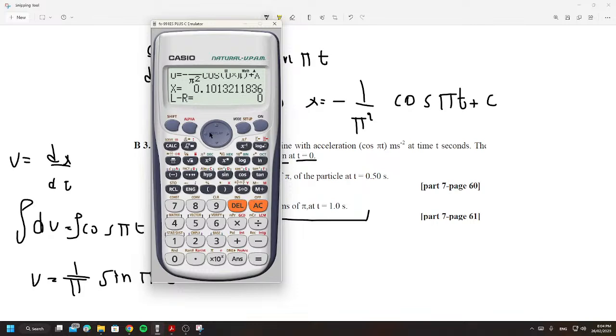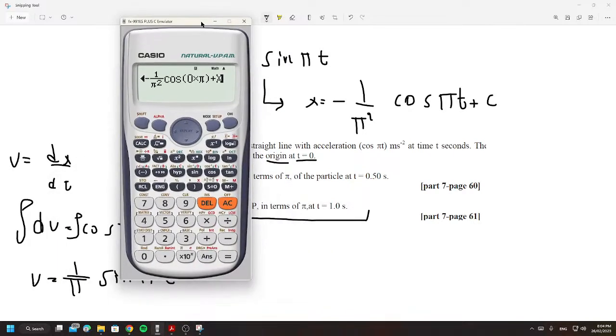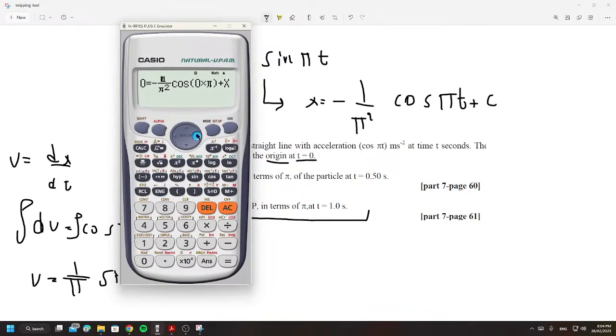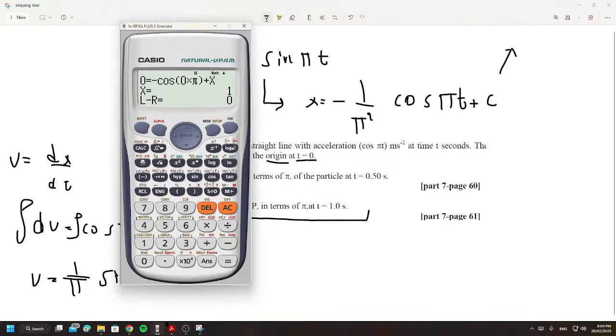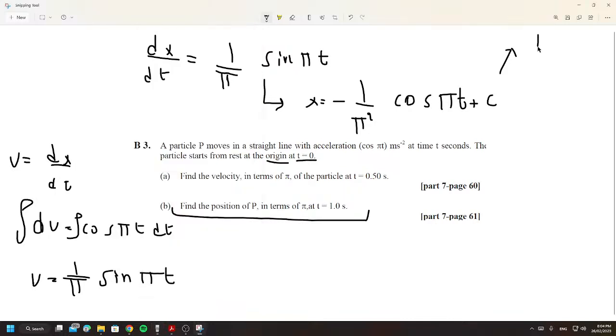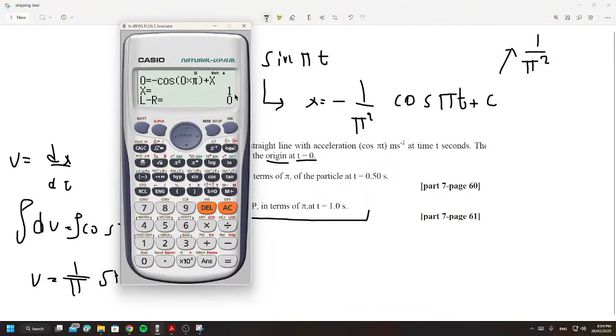Now we're supposed to keep it in terms of pi, so I'm not gonna multiply all this out. So c is 1 over pi squared.